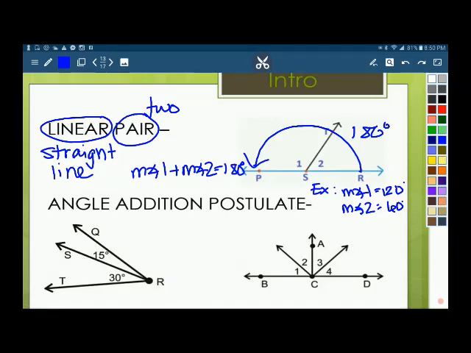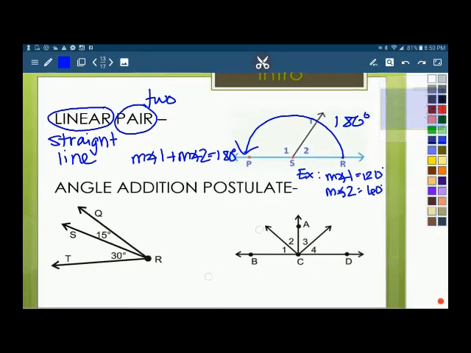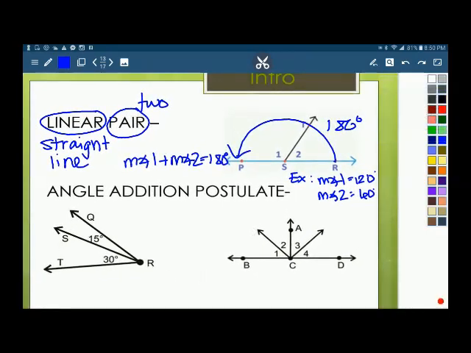The angle addition postulate is somewhat similar to being a linear pair. It basically says that if you have two smaller angles that form an angle, then you can add them together to equal the larger angle.